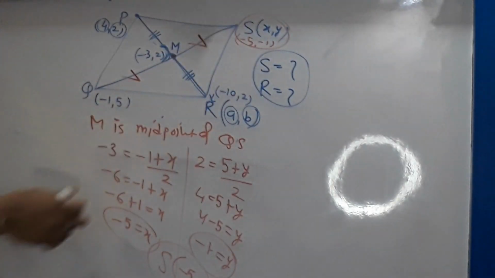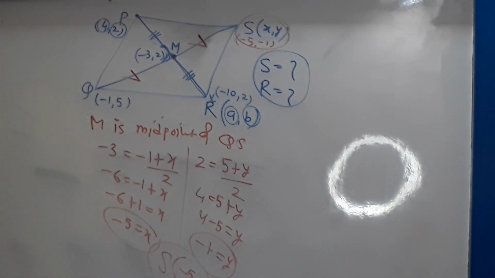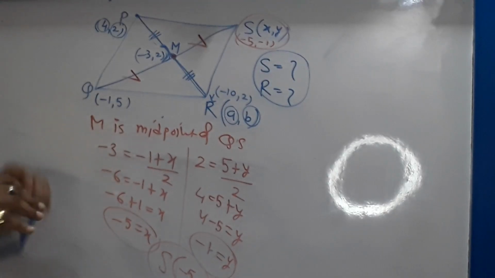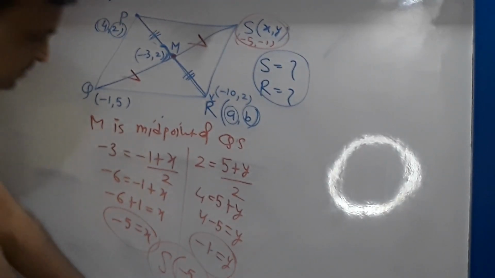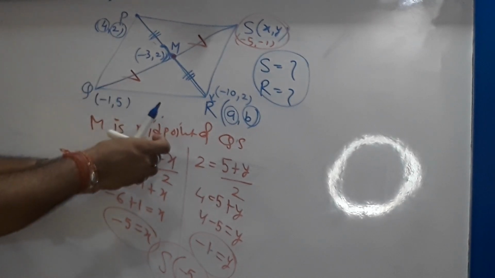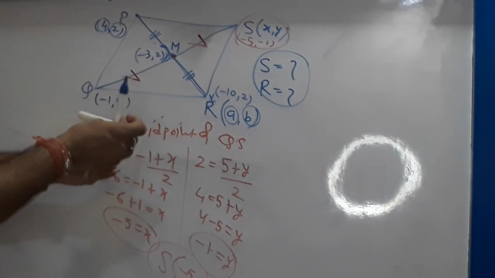In this way we have found the coordinates of both the vertices. So what is the important result in this? That the diagonals of a parallelogram bisect each other. That means this diagonal bisects this and this diagonal bisects this.